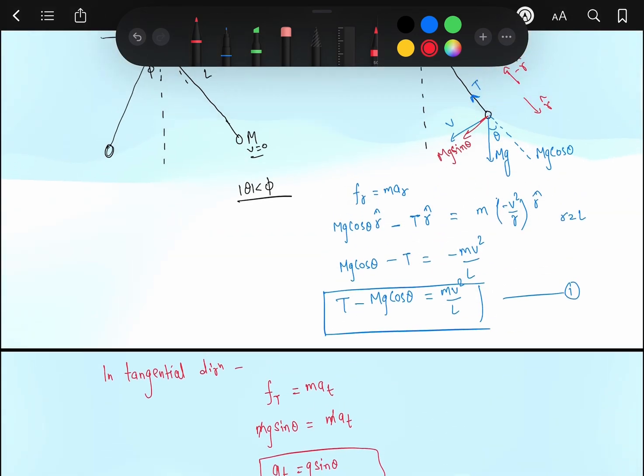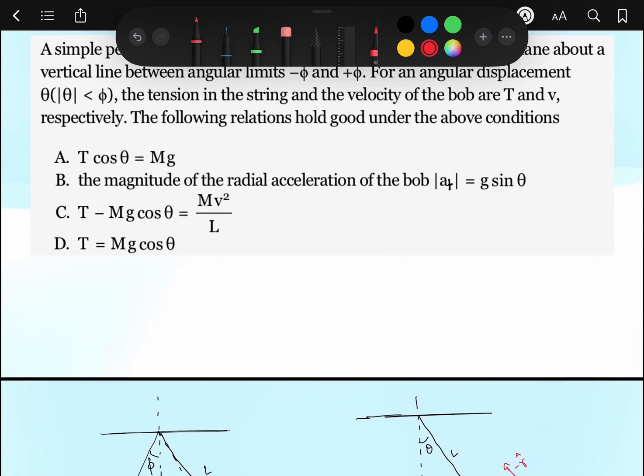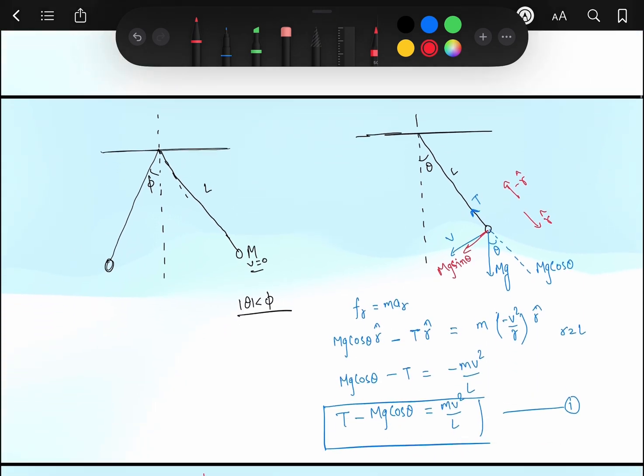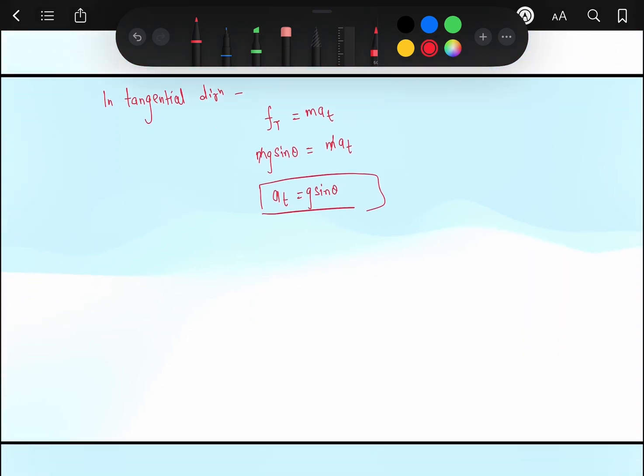Now we have to see which of the options here are correct or not. The first option is: T cos theta is equal to mg. If I resolve this tension force in this direction, then this angle will also be equal to theta, and this component of tension will be T cos theta. But here I cannot write that T cos theta is equal to mg because our body is not in equilibrium.